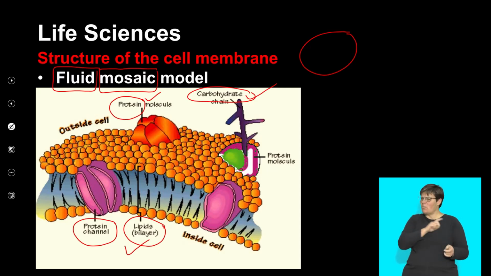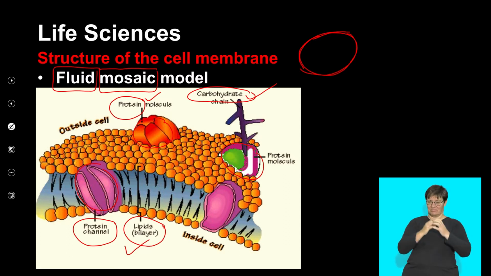Because they make up the basic structure of my cell membrane. Guys, the cell membrane is made up of these proteins, these carbohydrates, and these fats. And I put them all together. That's what a mosaic is. A mosaic is putting all these different parts together to come up with a structure.